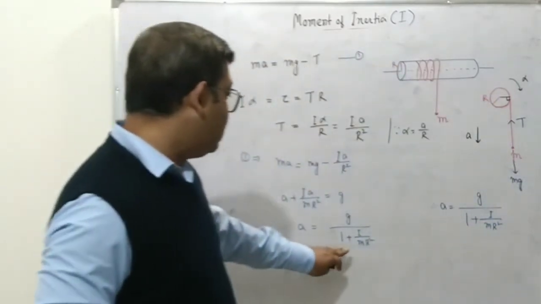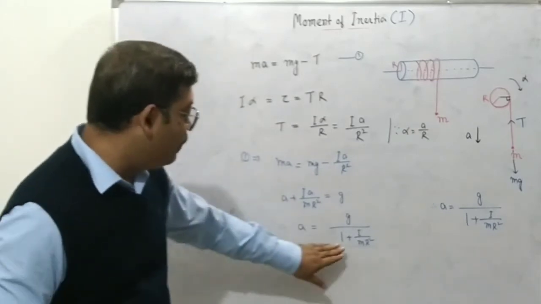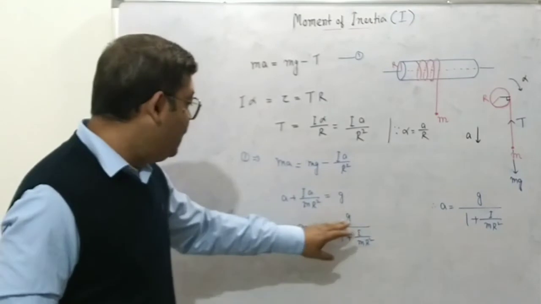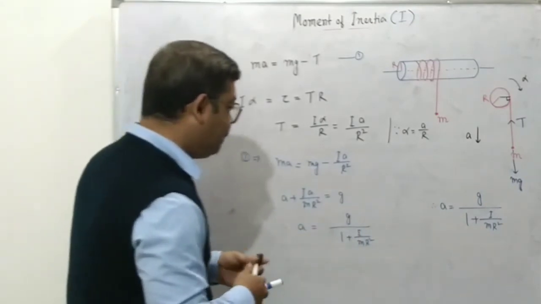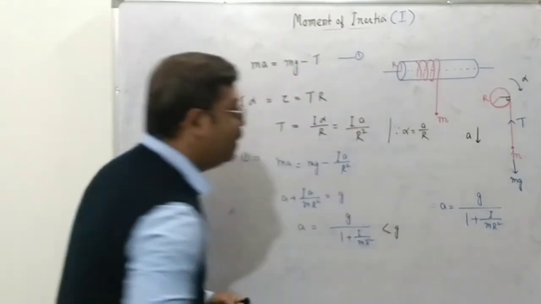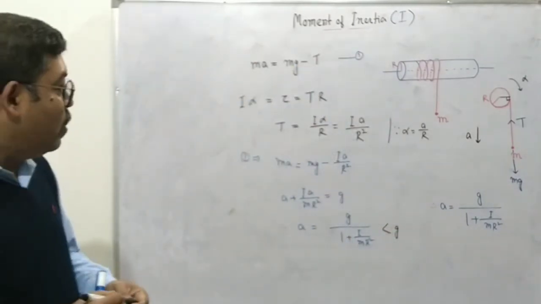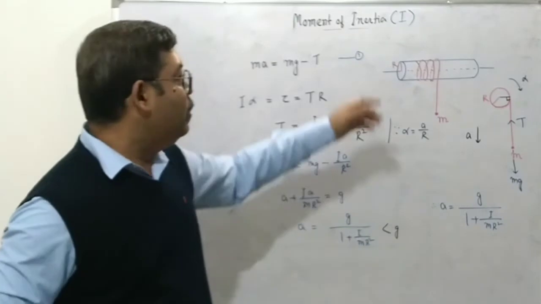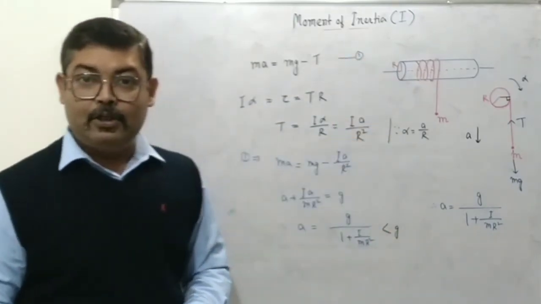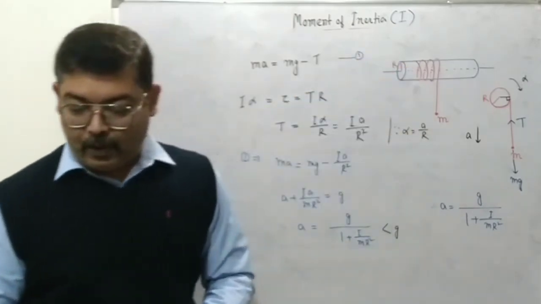Now, this expression clearly tells you, since the denominator is 1 plus a non-zero term, that the acceleration a must be clearly less than the acceleration due to gravity. And this loss of acceleration is due to the moment of inertia, which causes the object to resist any change in its motion, thereby its rotational motion, for a cylinder.